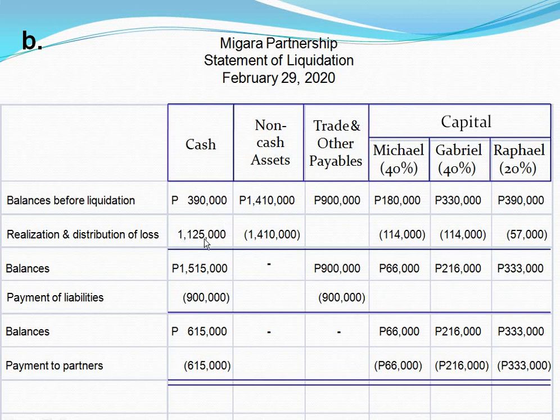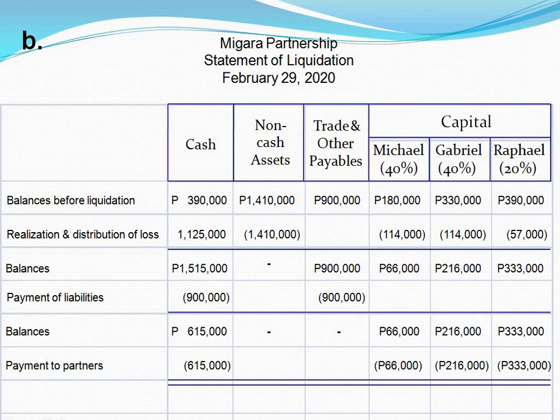How will you get this cash received of 1,125,000 pesos? If Rafael's interest before liquidation is 390,000 and he received a smaller amount as final settlement of 333,000, then the difference between 390,000 and 333,000 must be his share in the loss on realization, right?